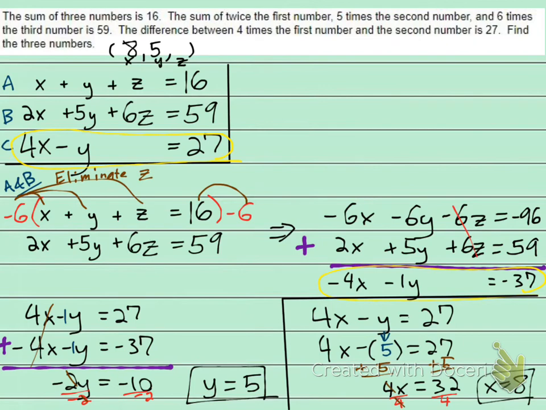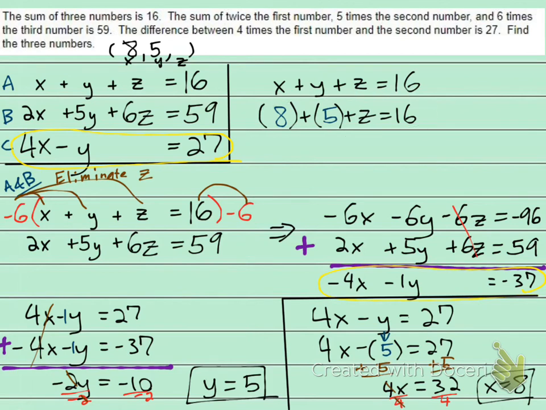And then the last number, z. All right, and now I can plug it into any one of my original equations, this one or this one. I'll go ahead and plug it into the top one here. It looks simpler. x plus y plus z equals 16. x is 8. y is 5.